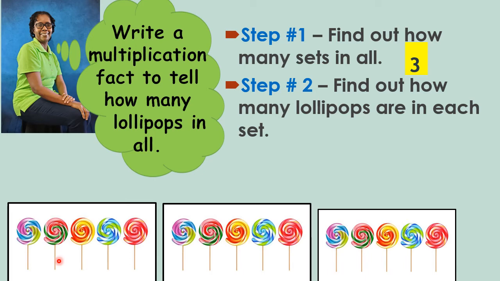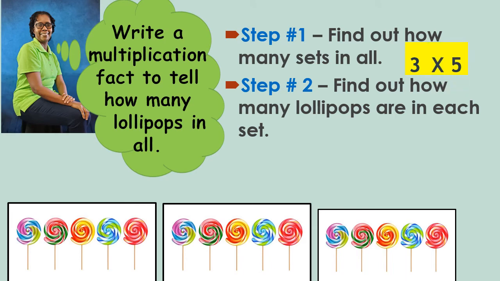Okay, so let's go. 1, 2, 3, 4, 5. So we have 5 lollipops in set 1. And we know that if there are 5 lollipops in set 1, there are 5 in set 2, and there are 5 in set 3. So we are going to multiply 3 times 5.